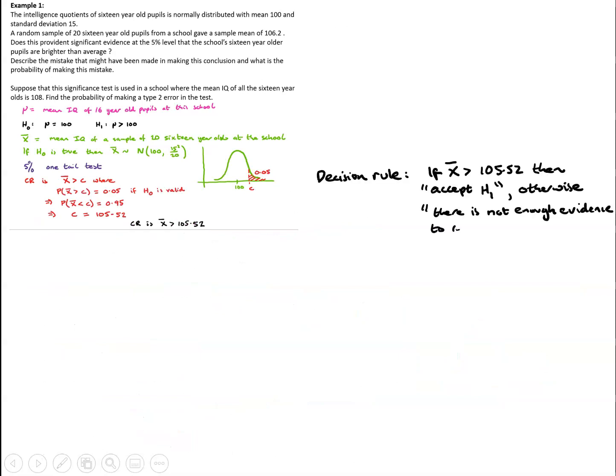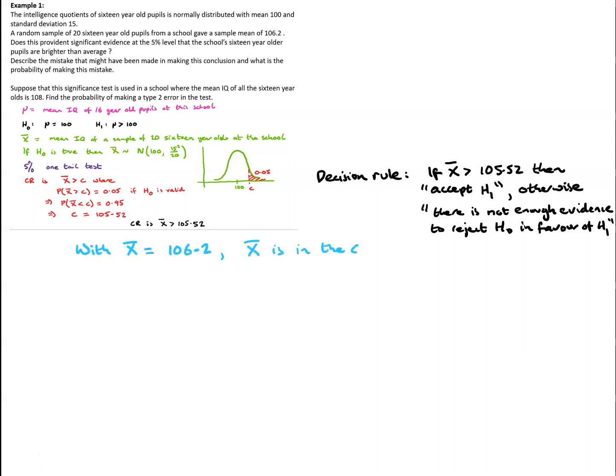So our decision rule is that if the sample mean is greater than 105.52, then there is significant evidence to reject the null hypothesis in favour of accepting the alternative hypothesis. Otherwise, there is not enough evidence to reject the null hypothesis in favour of the alternative hypothesis.